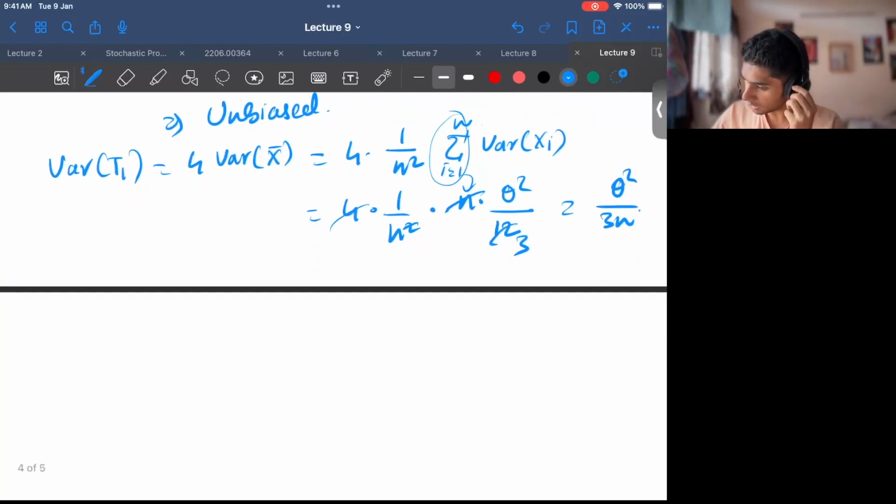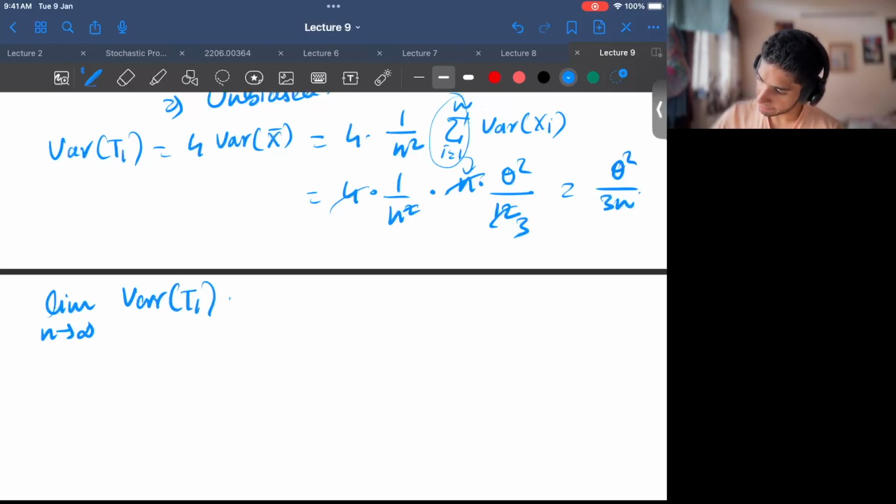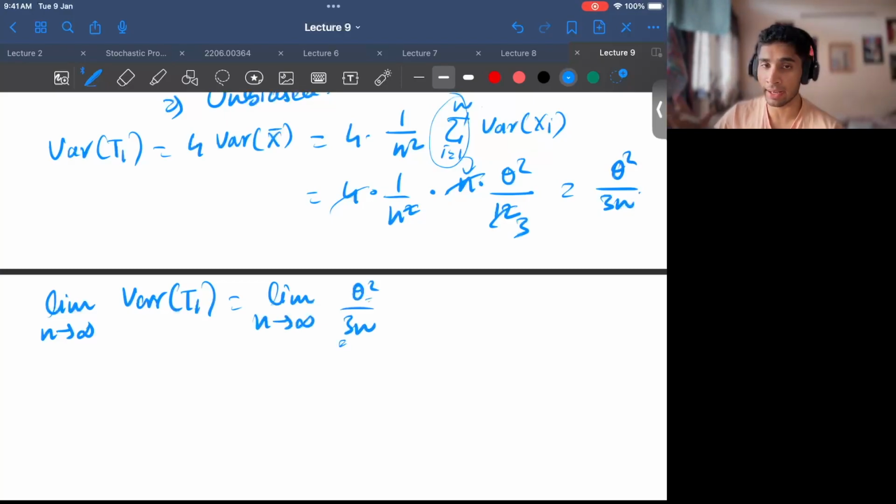Now, what will be the limit as n tends to infinity of the variance of T1? This will be the limit as n tends to infinity of theta square by 3n. Theta is a constant, 3 is a constant, and n is going to infinity, so 1 by n is basically 0.